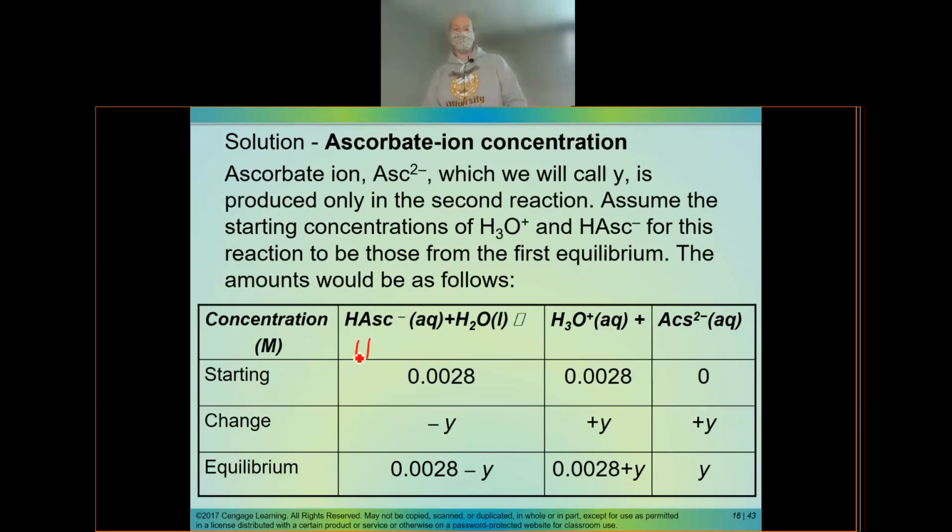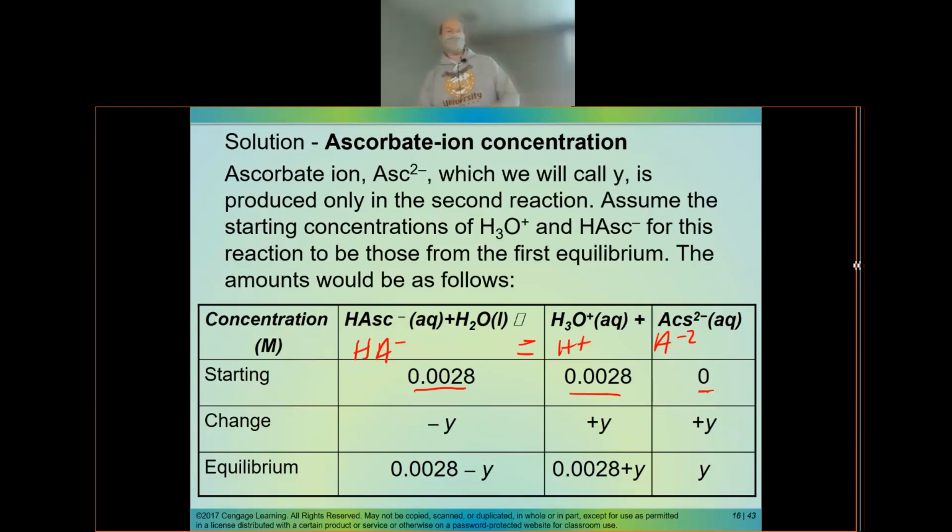So in Ka2, you have your HA minus in equilibrium with your H plus and your A minus 2. All right, so now your initial is from Ka1. We had HA minus was 0.0028, H plus also 0.0028. The A minus 2 was not part of the Ka1, it is 0.